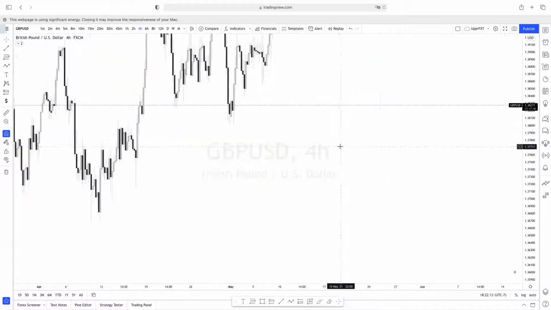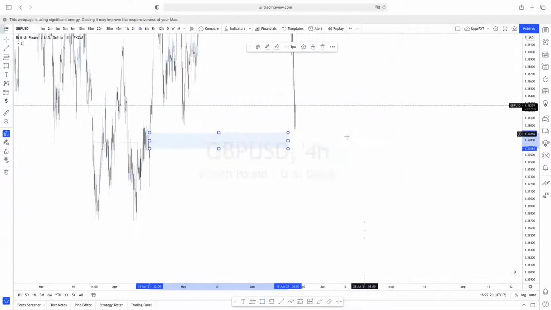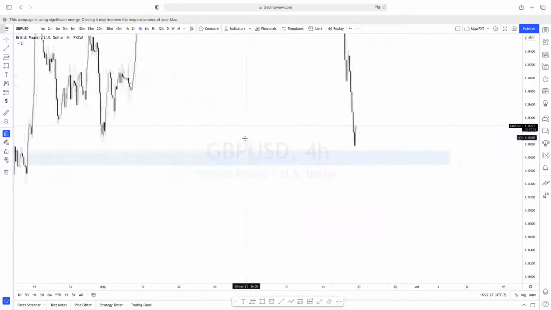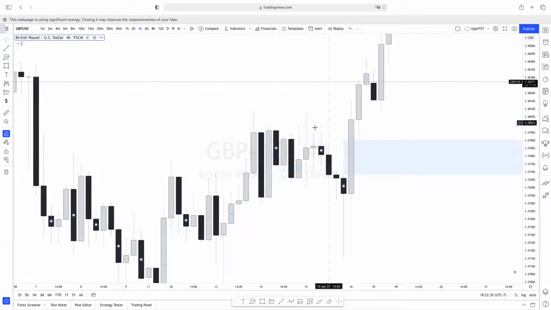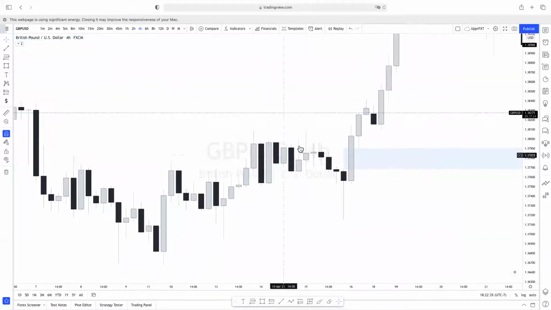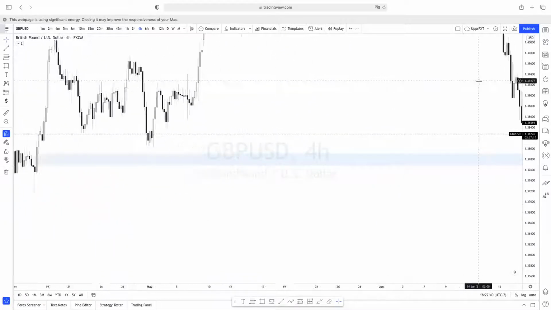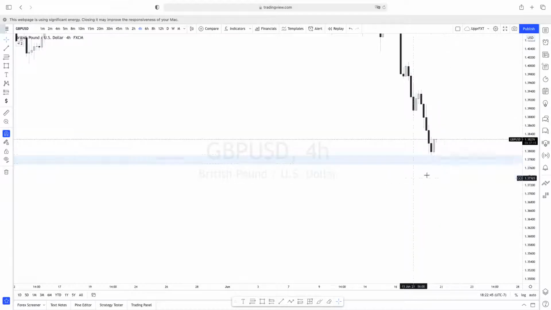So this imbalance right here on GU, if you're looking to be bullish in this area, maybe this is an area that you can look to target, right? You have price come down, price move too fast, breaking structure, leaving an imbalance, an inefficiency in the market yet to be mitigated. So right now, when the market opens, if you're looking to sell, maybe this could be a target. Maybe this could be a continuation.